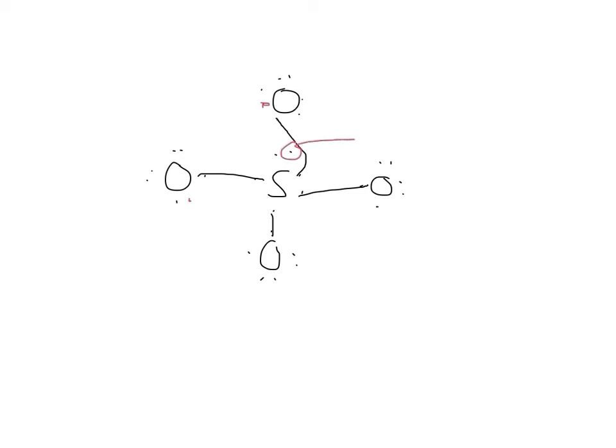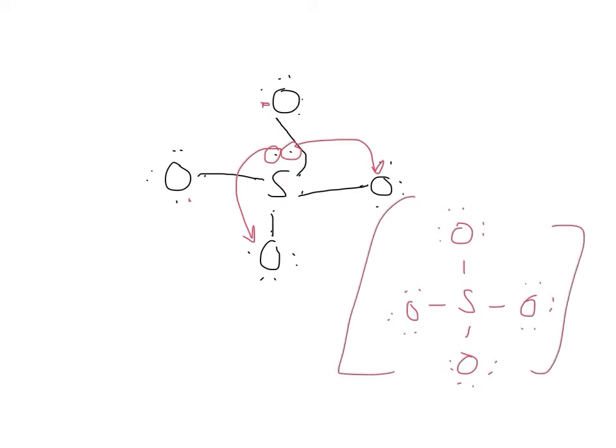What if that electron hopped onto that one, and that electron hopped onto that one? So in other words, sulfur looks like that, right? That obeys the octet rule, doesn't it? This one obeys the octet rule.